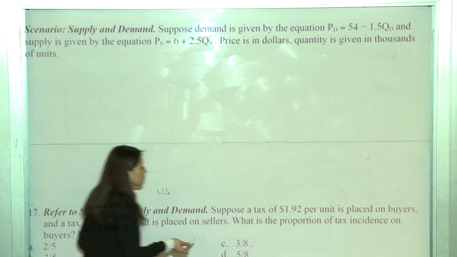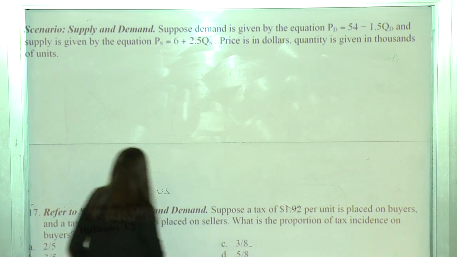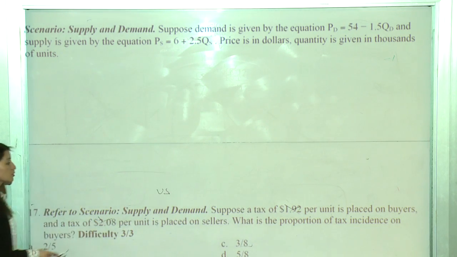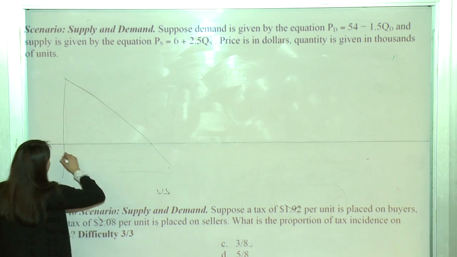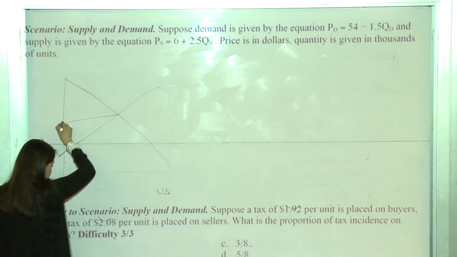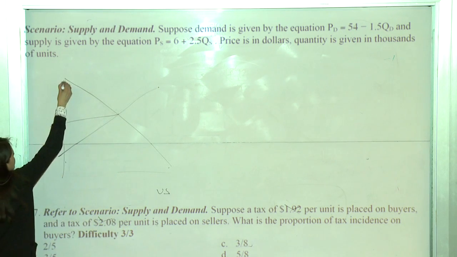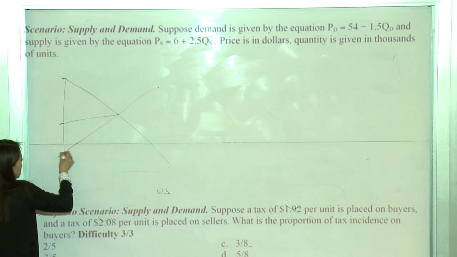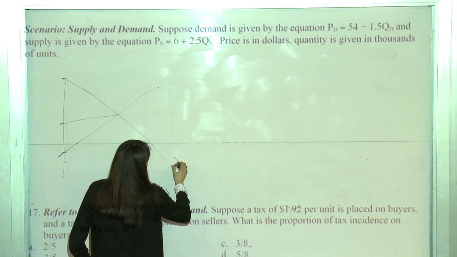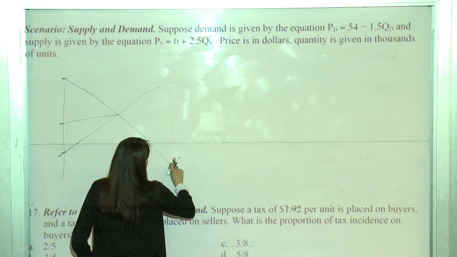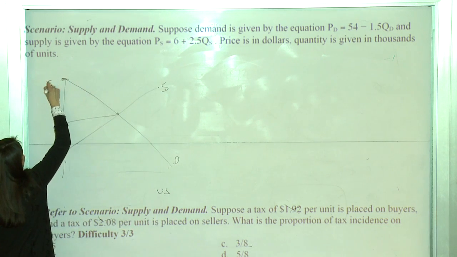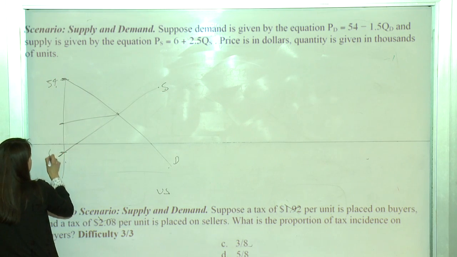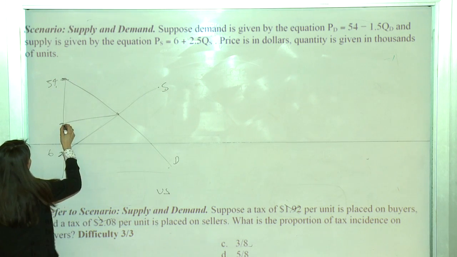So you can basically ignore these two numbers and check what is the tax incidence. Demand, supply. This is 54, this is 6, as in this scenario, okay?